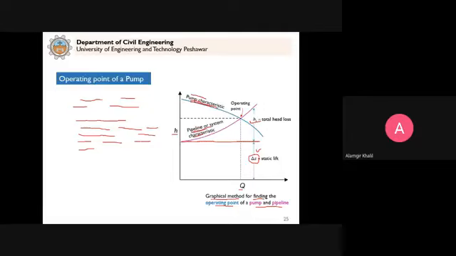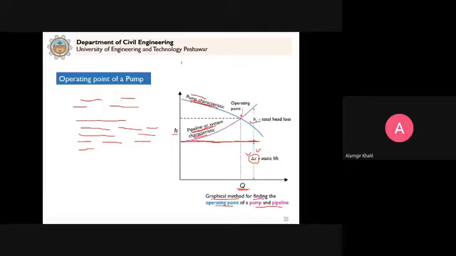And one is the system characteristic. What is this pipeline or system characteristic? This is the requirement of the system in which the pump is operating. Just like I showed you in the diagram, the system requires a static head. This is the delta Z that the pump needs to provide. But as the discharge increases, this becomes a curve. Why does it become a curve?